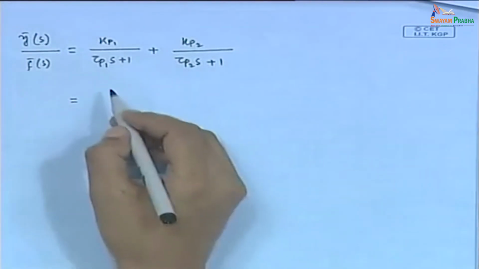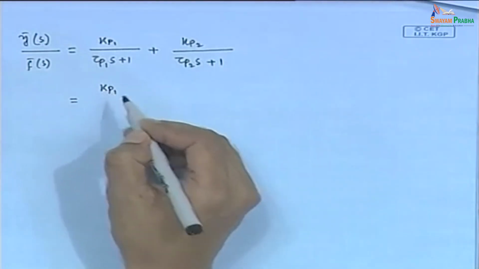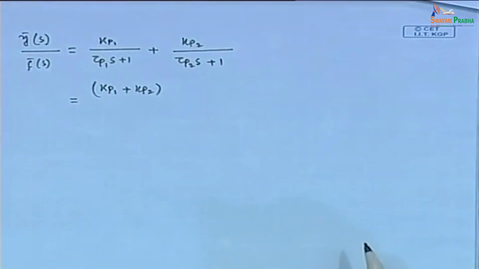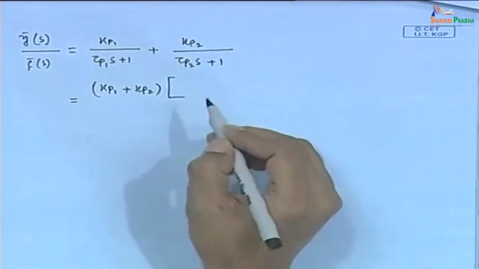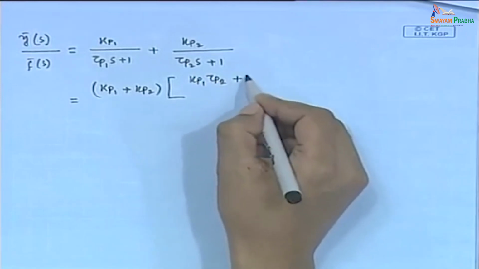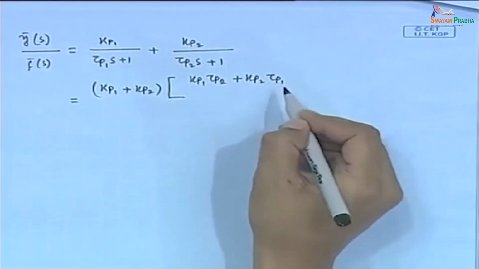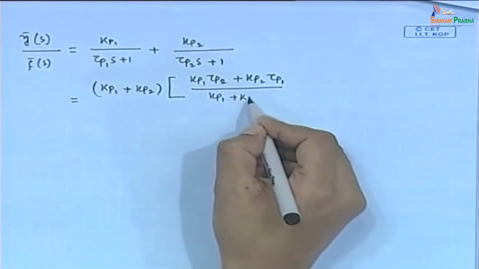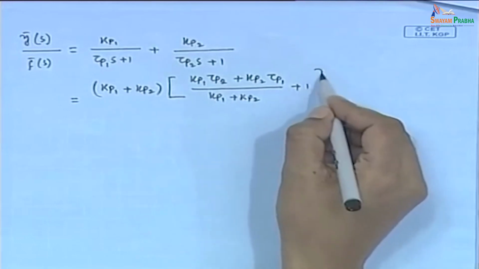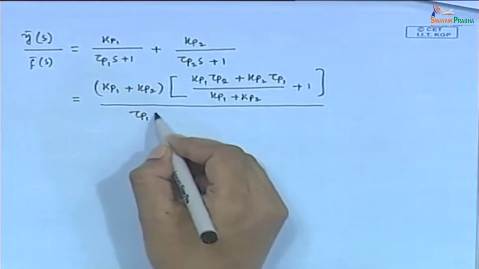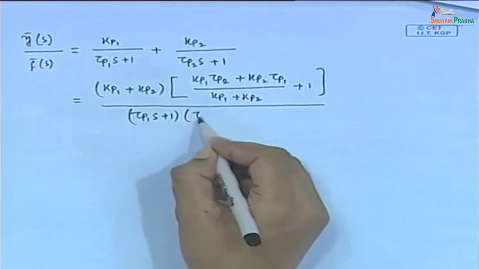Fine. Now, we get from this Kp1 plus Kp2 multiplied by Kp1 tau p2 plus Kp2 tau p1 divided by Kp1 plus Kp2, plus 1, whole divided by tau p1s plus 1, tau p2s plus 1.